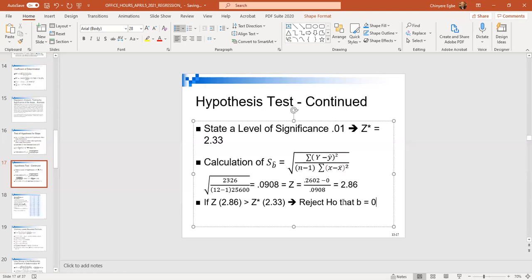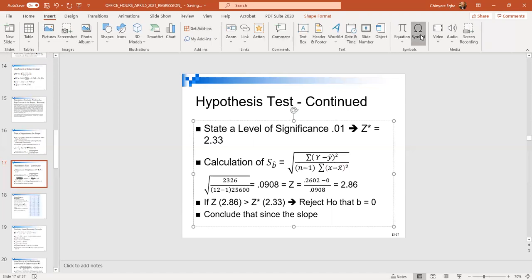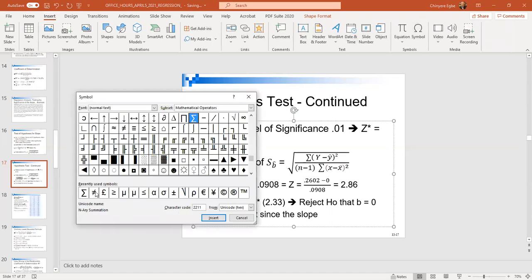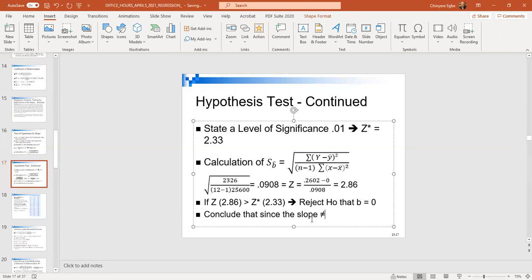All right. And so what do we conclude? We conclude that since the slope is not equal to 0, then sales calls significantly affect sales performance.